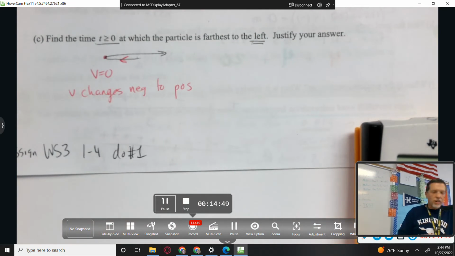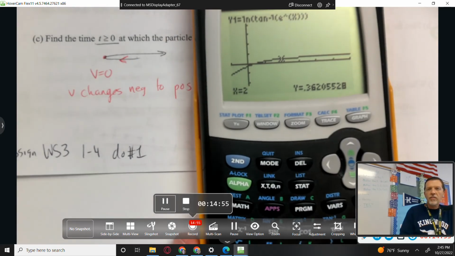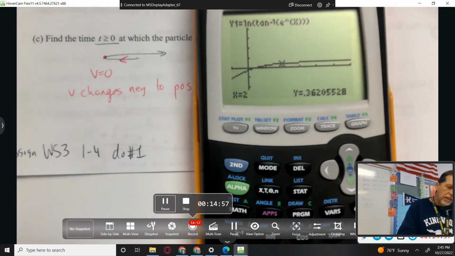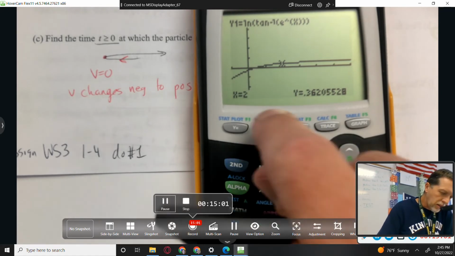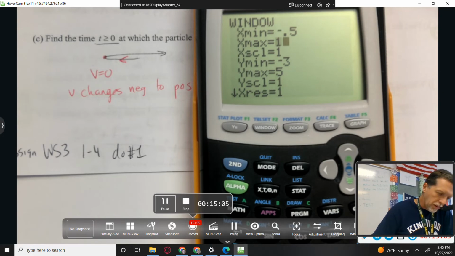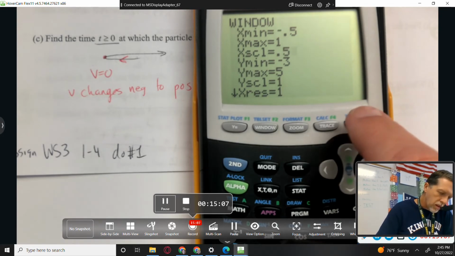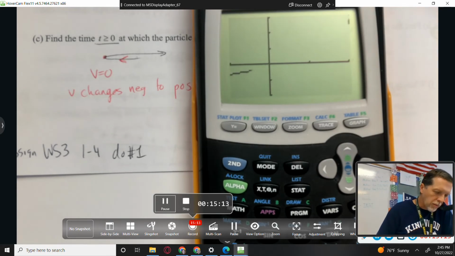So that tells me I can now look at my graph and figure out where V, because that's the graph of V, changes negative to positive, right in there somewhere. Maybe a better window would help. So now I'm really zoomed in.